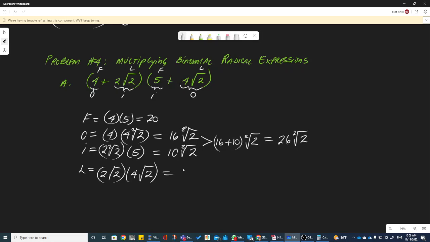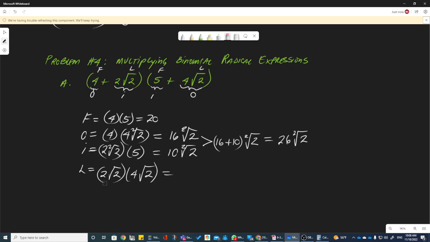So at the end, this is equal to 2 to the square times... well, let me explain it in a simpler way, okay?